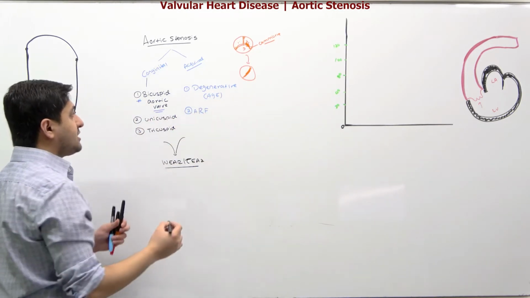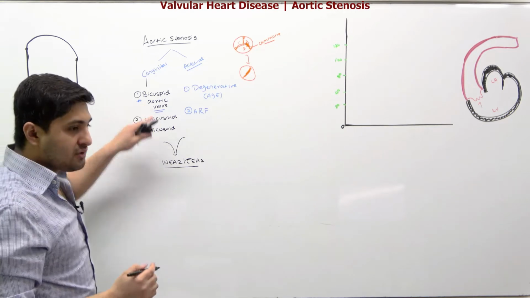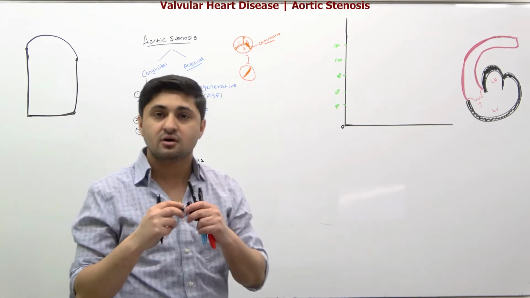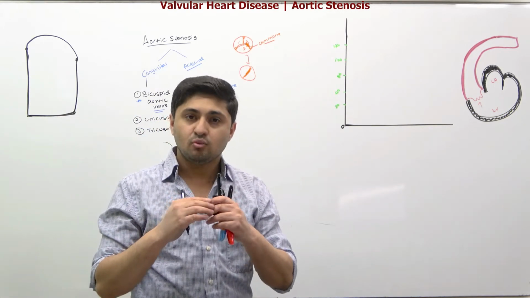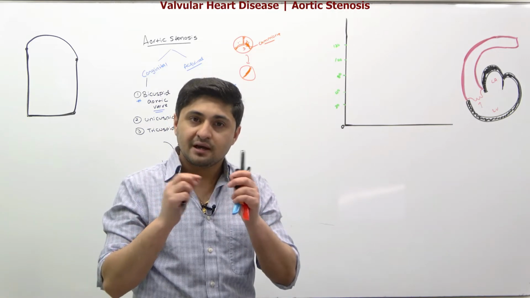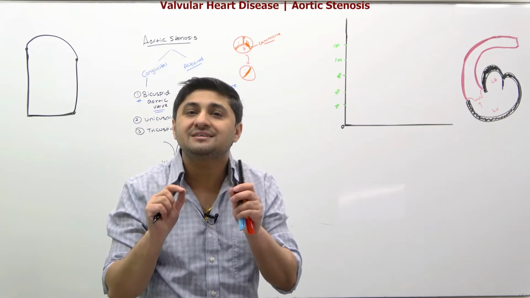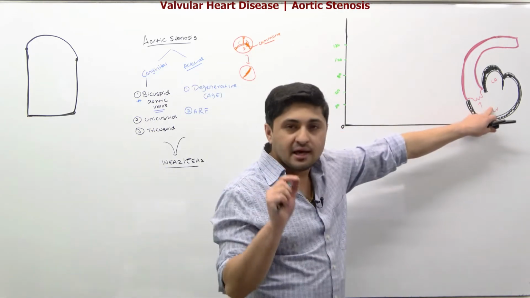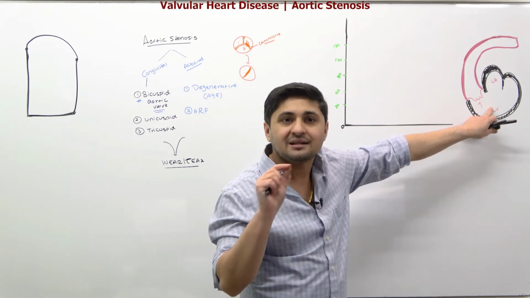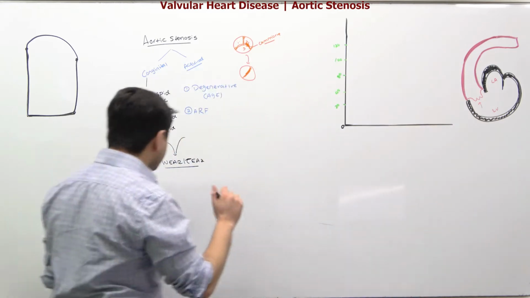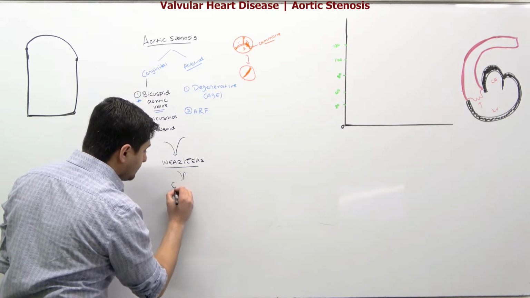Even in the degenerative condition, there's a mechanical stress on the aortic valve every time it opens and closes. That results in micro hemorrhages, or basically micro tears, in the aortic valve. And because of this, it leads to chronic inflammation.